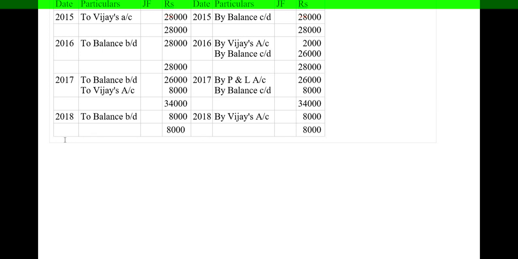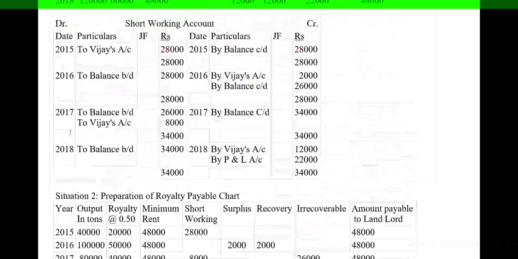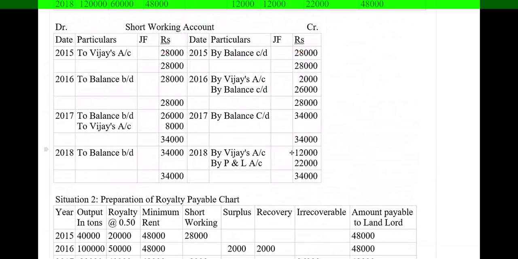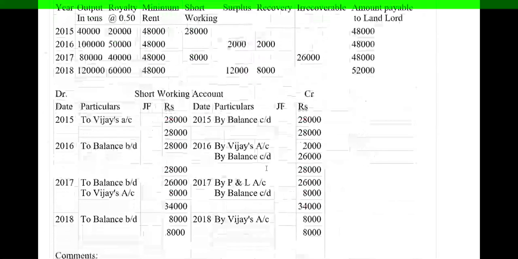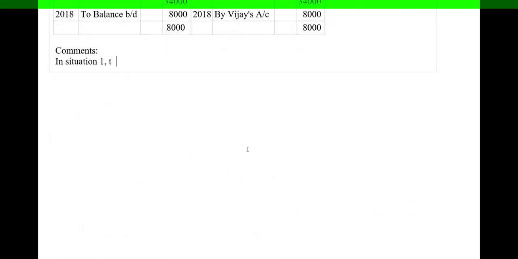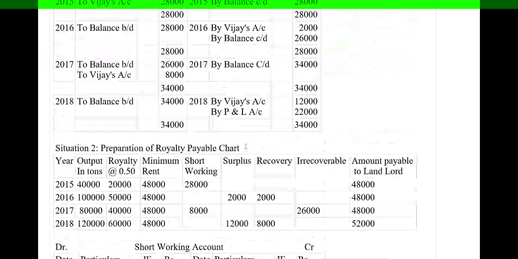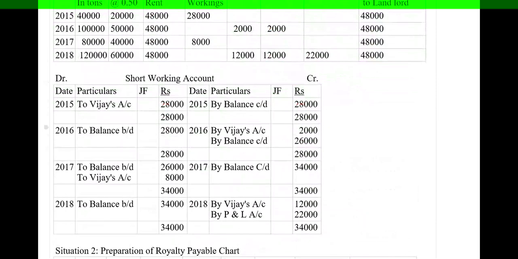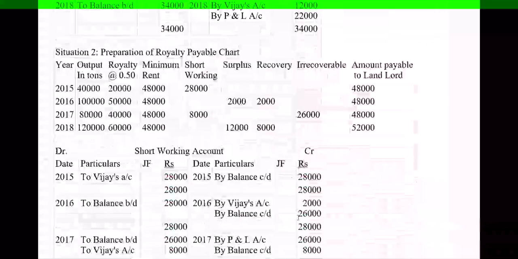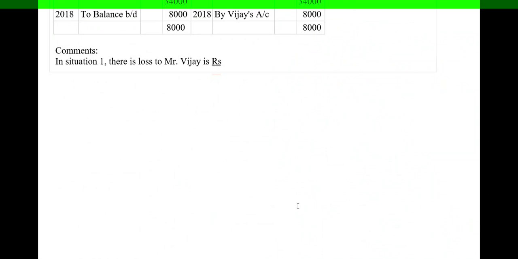So now when you go for the comments here, in situation 1, what has happened? Let us see here in situation 1. There is a loss to the landlord of rupees 22,000. In the situation, there is a loss to Mr. Vijay of rupees 22,000 here in situation 1.